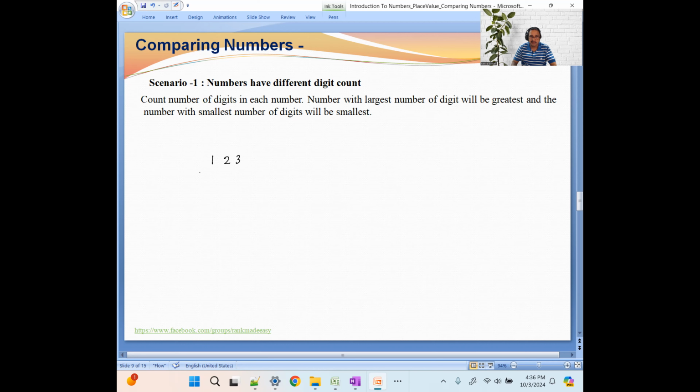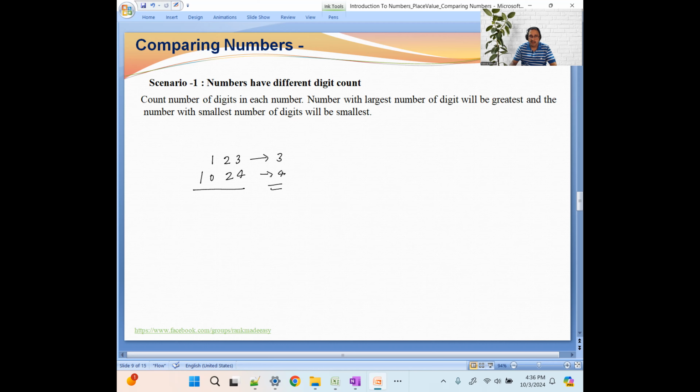Let us say it has 4 digits, 1024. Which number is greater? Which number is smaller? If you count the number of digits in each number, how many digits are there in the first number? 3. How many digits are there in the second number?